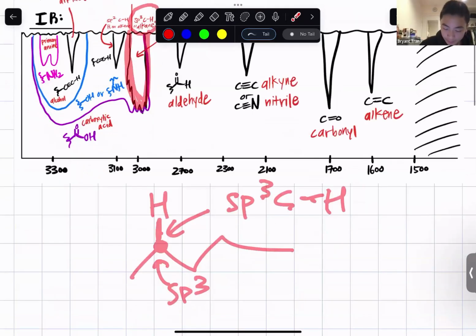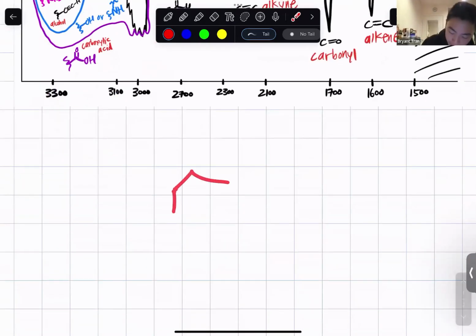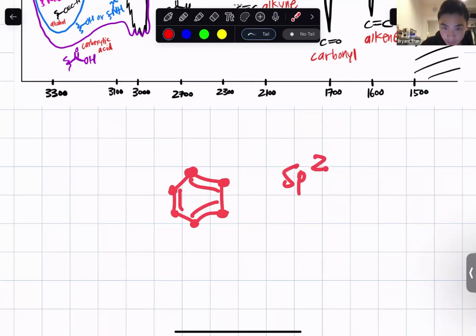Okay, a molecule that would not have that peak, for example, would be benzene, which is this aromatic ring right here, because none of these carbons are sp3 hybridized, right? All of these carbons here are sp2 hybridized, right? So this bond right here, which is a bond between a carbon and hydrogen, is not a bond between an sp3 carbon and hydrogen, right?